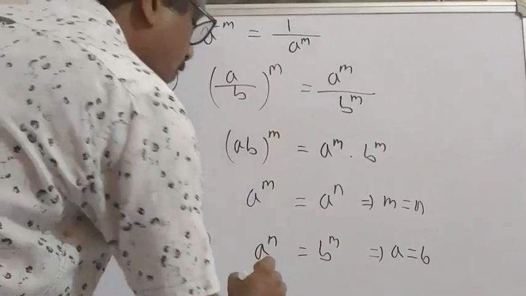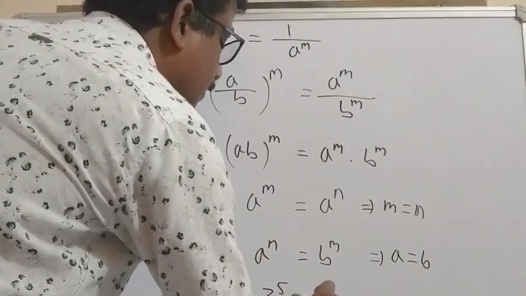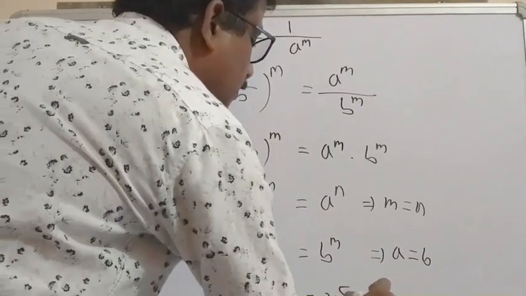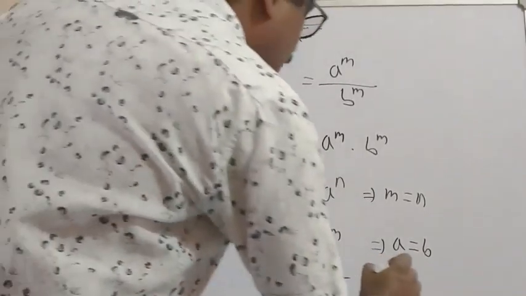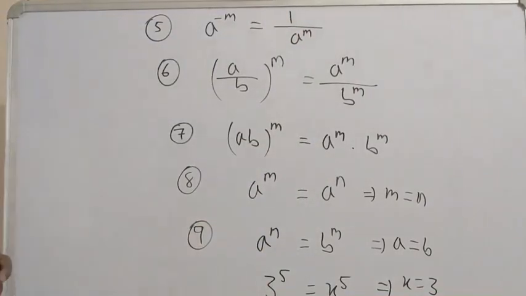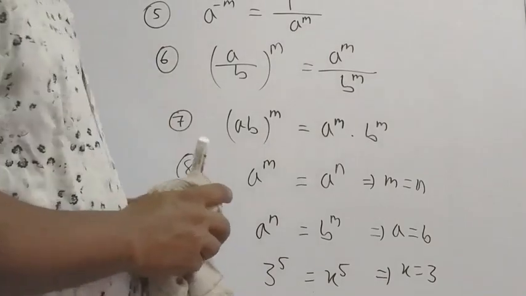For example, 3 to the power 5 is equal to x to the power 5. In both cases, the power is the same, so the base is equal, so x is equal to 3. Understood? These are the formulas related to the exponent chapter.